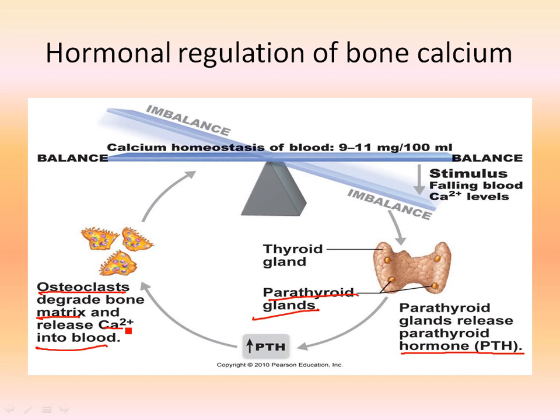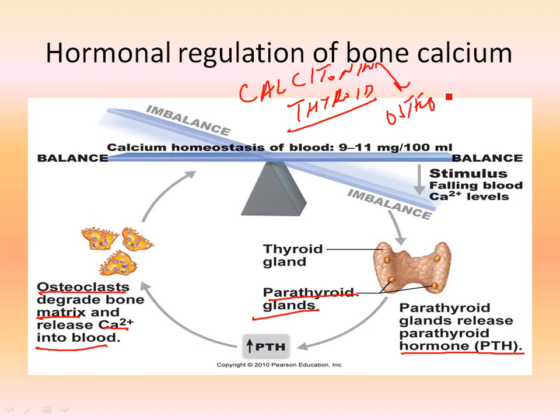Now, when the blood calcium level is way above the homeostatic level, then another hormone called calcitonin is released by the thyroid glands, and this calcitonin stimulates osteoblasts that help to build the bone matrix and now lower the blood calcium level.